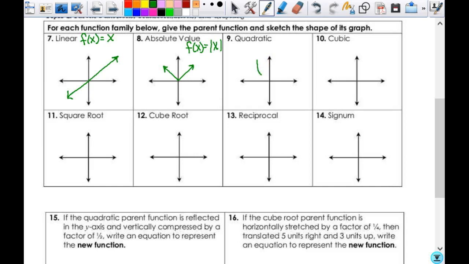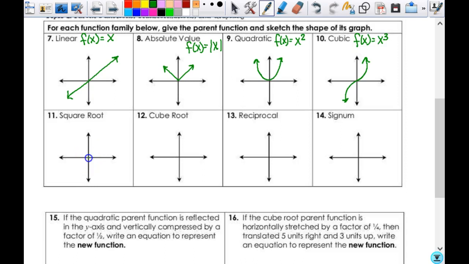Quadratic, oh, that's fine, it's kind of fat, but it's all good. f of x equals x squared. Cubic, got that point of inflection there. So f of x is equal to x cubed.